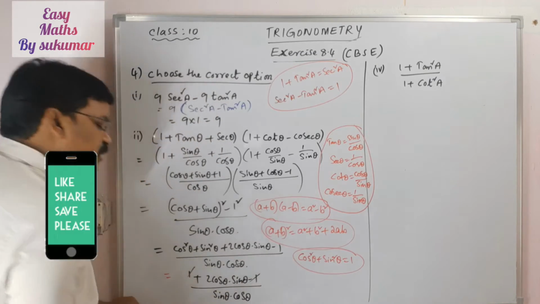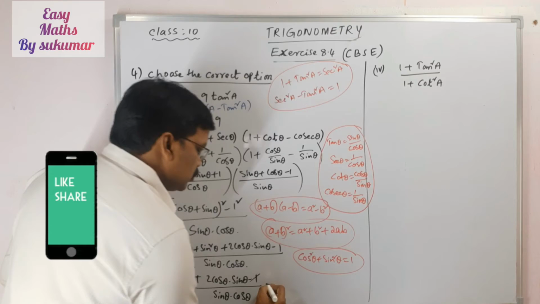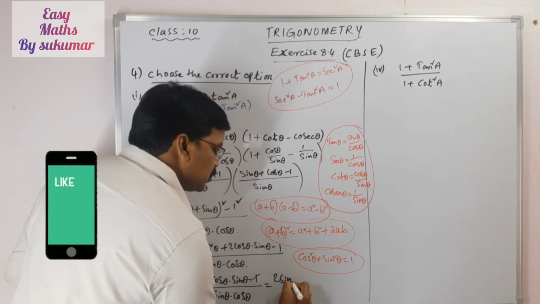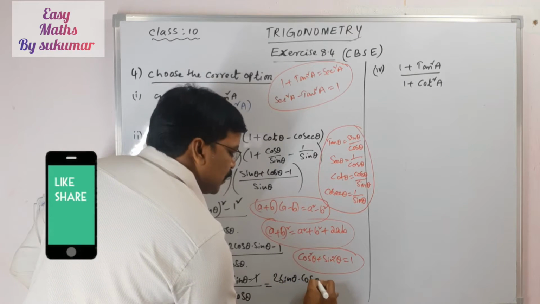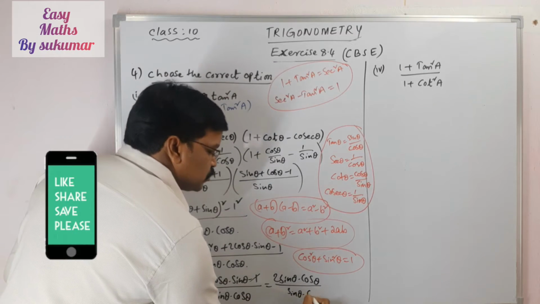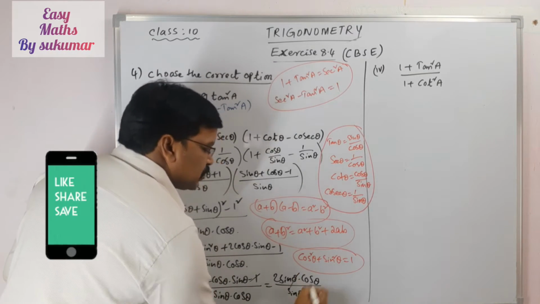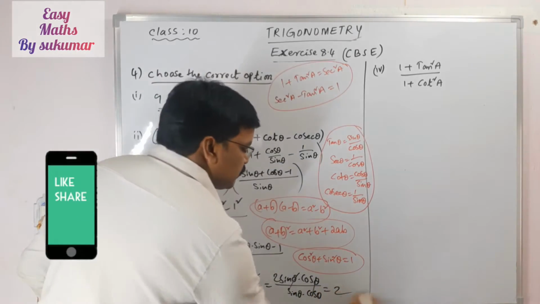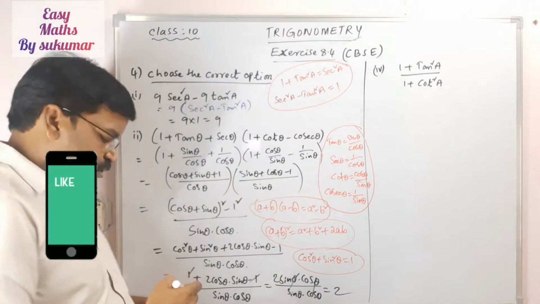This minus 1 plus 1 gets cancelled. So this is equal to 2 sin theta cos theta by sin theta cos theta. Here sin theta cos theta cancel. Finally this result is equal to 2.